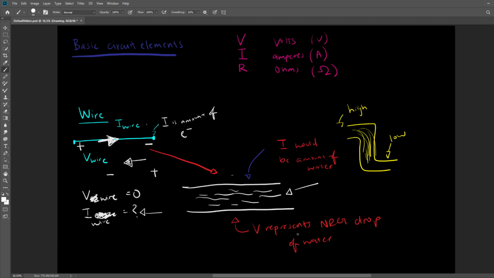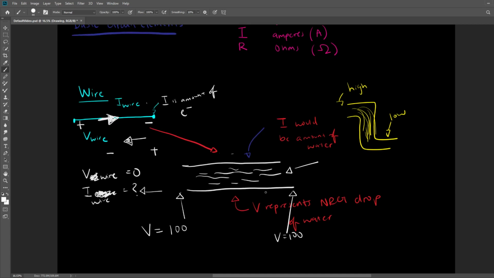However you want to think about it, there's no drop. So if the voltage right here was 100, let's say the energy was 100, then the voltage right here would also be 100. There's no drop per se.